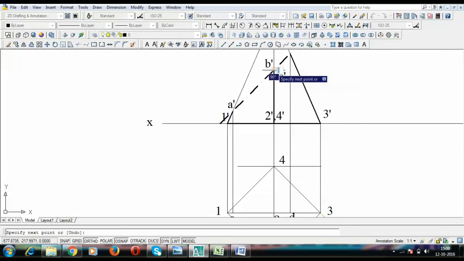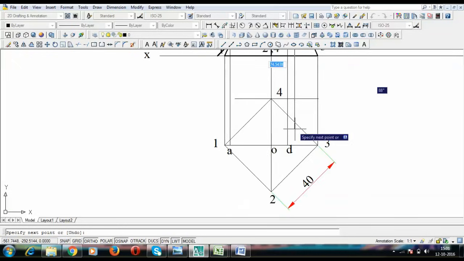Please watch this carefully. Let us bring a horizontal line, not like this, and bring it below until it intersects this O3 line somewhere around here.